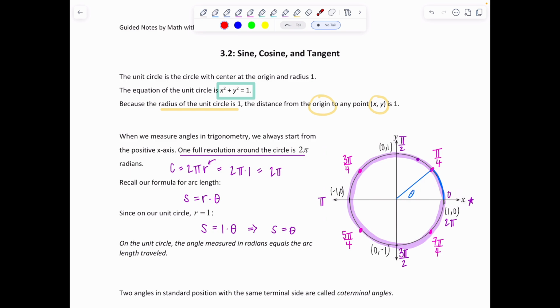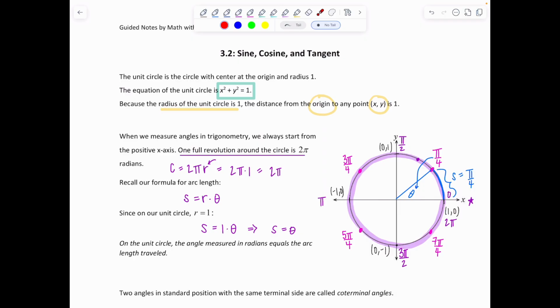But on the unit circle, since it's such a special circle, pi over 4 not only matches the value of the angle, it also matches the amount of arc length that you have here. So S is also equal to pi over 4, meaning this is considered pi over 4 radians as an angle, as well as the amount of arc length that's traced out on the unit circle.